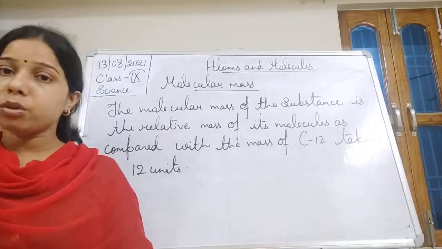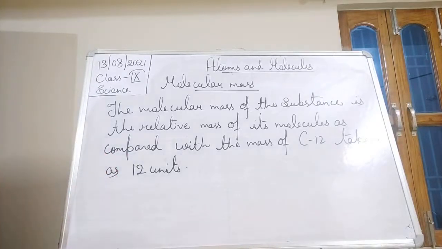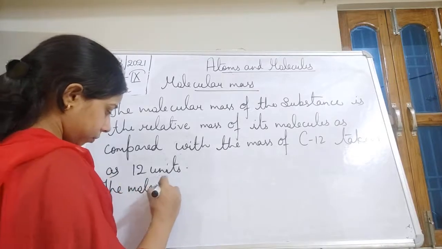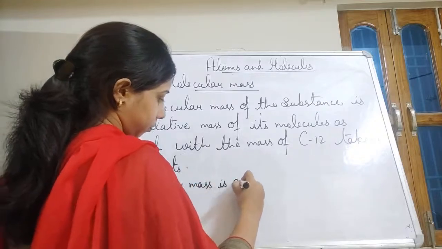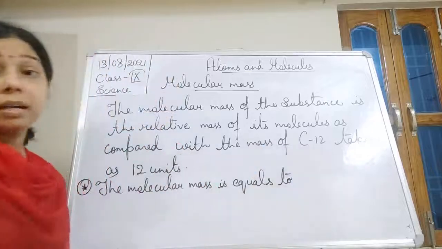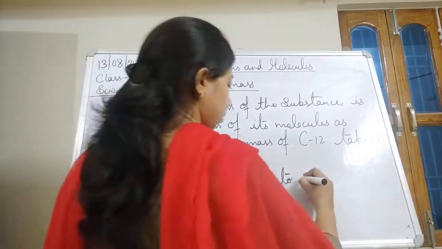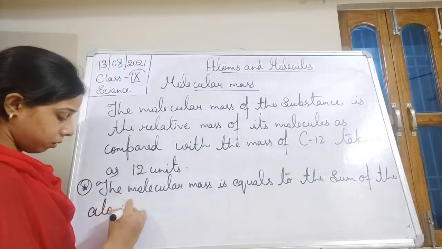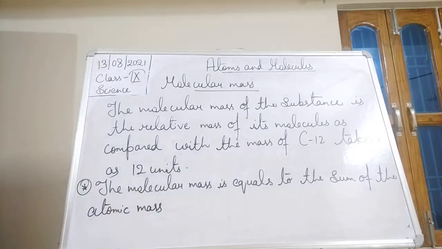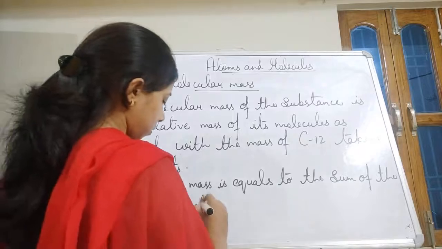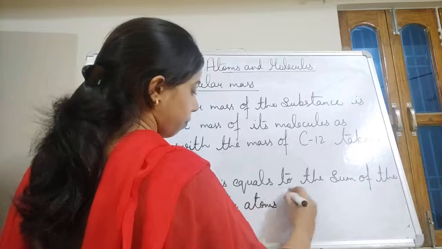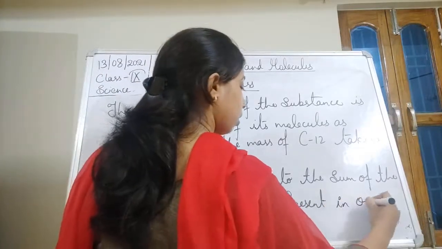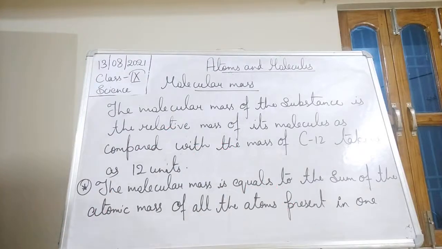In simple language, we can also write another definition of the molecular mass, and that is: the molecular mass is equal to the sum of the atomic masses of all the atoms present in one molecule of the substance.